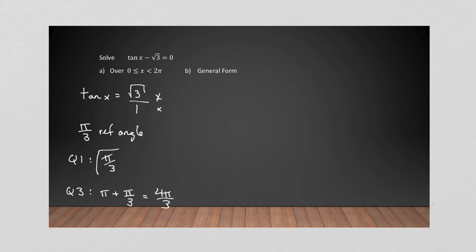So that is solution 1, solution 2. Now for tangent, our general form is going to be slightly different because the period for tan is not 2 pi. The period for tan is pi. And if you look at our solutions, we already have pi over 3, and pi over 3 plus pi gave us our second solution already, right? 4 pi over 3.